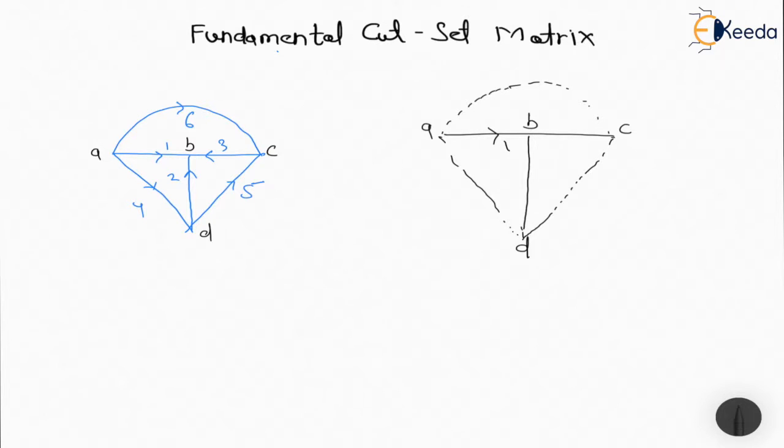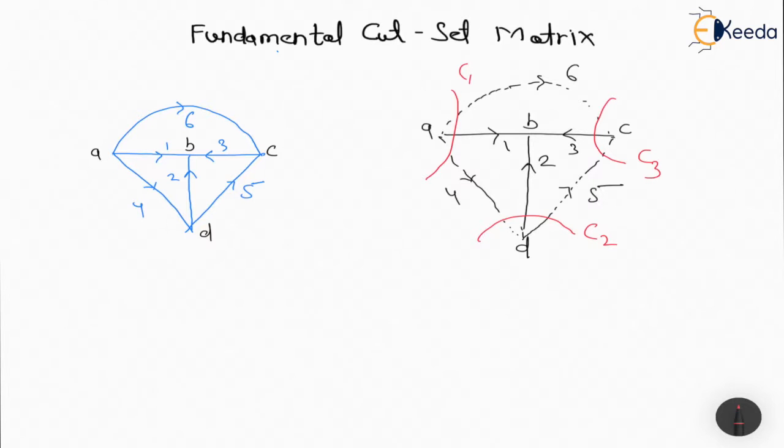The branches in the direction are 1, 3, 2, 6, 4 and 5. So we have 3 cut set voltages: one is here, this is C1, one is here, this is C2, and one is here, that is C3.